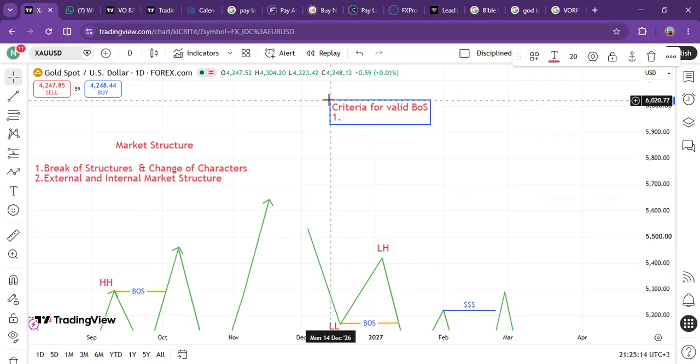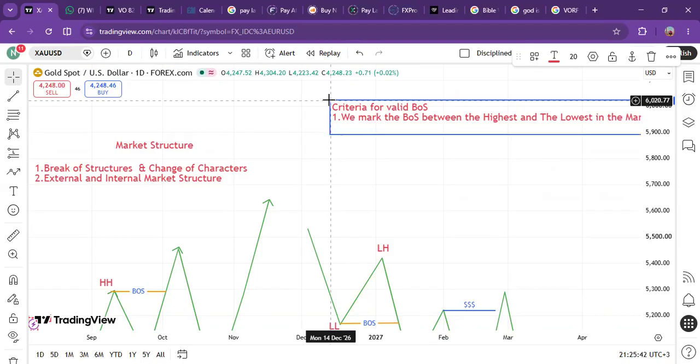Point number 1, we mark between the highest and the lowest point of the market.